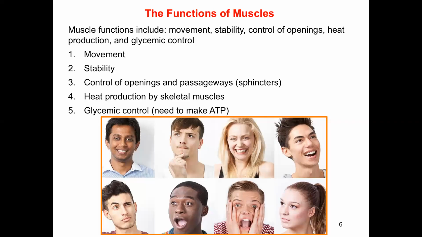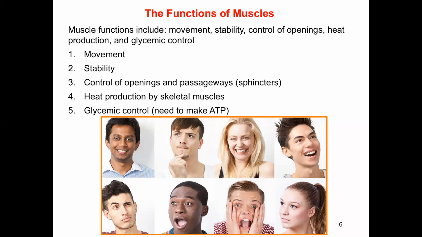Now, other things that you might not be thinking of: stability. There's a whole part of your brain that communicates with your muscles in terms of the tension and body position, and that's the cerebellum, as you'll learn later in the course. So you need muscle for that. So posture and muscle tension. Opening of passageways, so the control of sphincters, right?